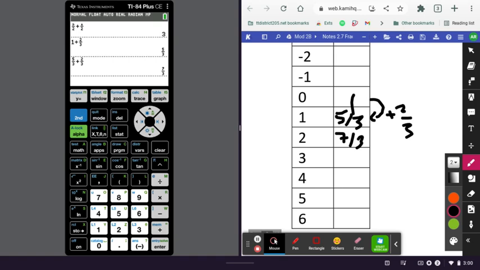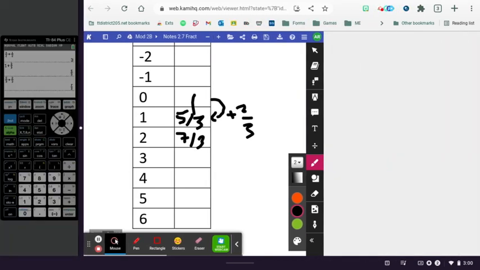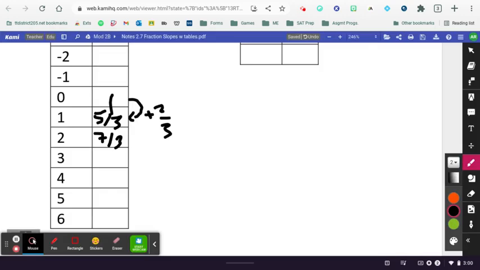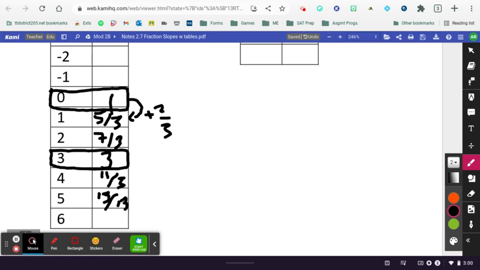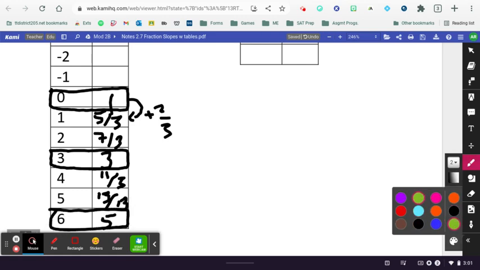And from here on out, I'm not going to use the calculator anymore. Okay, you should be able to use the calculator or to at least follow along. So then we have 3, which is a nice number, so let's box that in. And let's box in that y-intercept nice number. Then we'll have 11/3. Then we'll have 13/3. And then we'll have 5, which is a nice number, so we'll box that in.